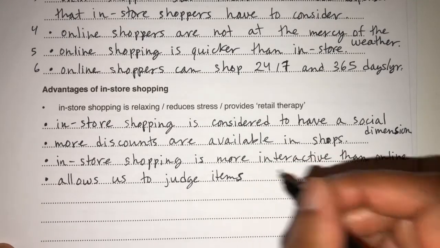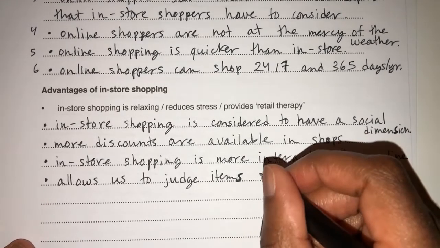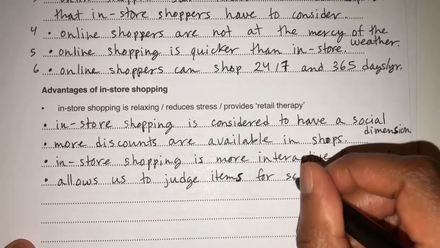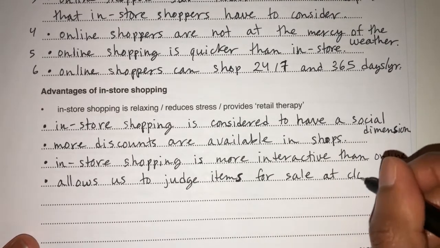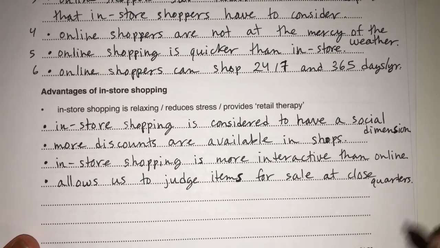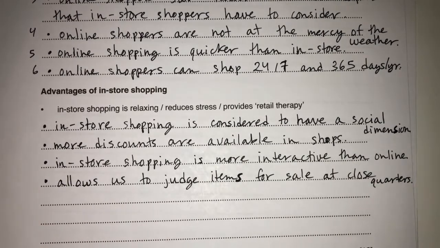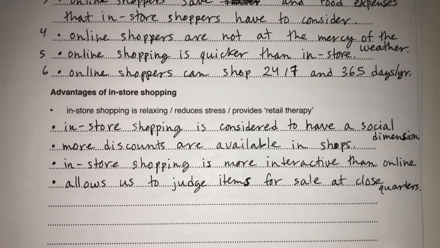That's an ugly S. There we go. Items for sale at close, my writing, quarters. Okay, at close quarters.